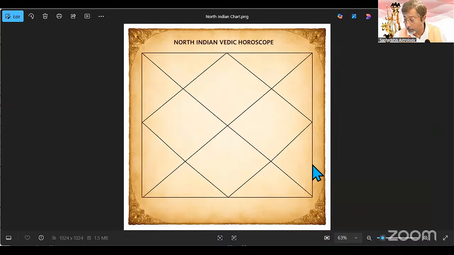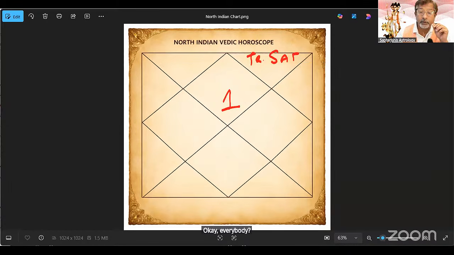You put in Mesh, Aries ascendant or moon sign, and you put transit Saturn here. Okay, everybody, so what are you going to do?